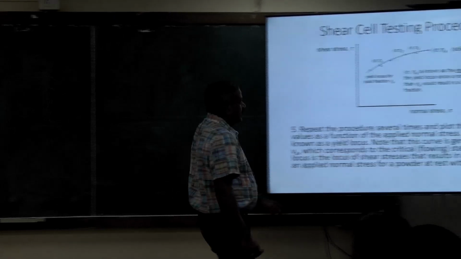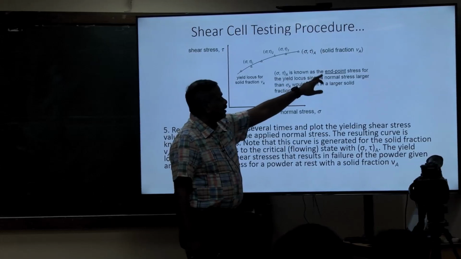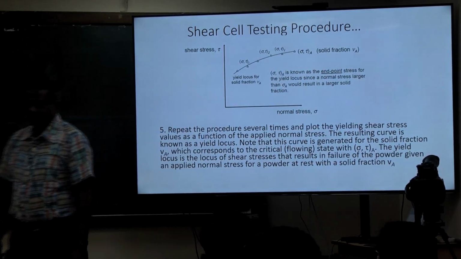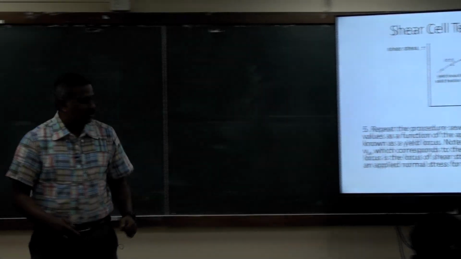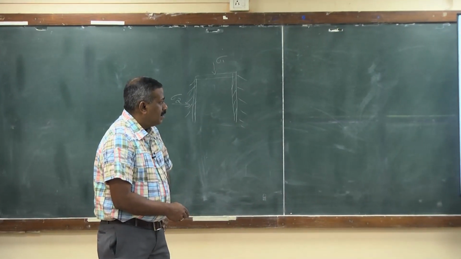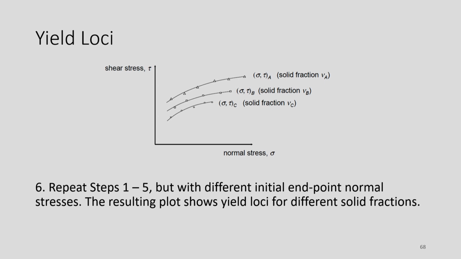Usually the final stress is called the endpoint stress, which we use to draw the major Mohr circle. You can prepare samples at different solid fractions and repeat those tests, but the material flow function or the yield loci relationship will be different for those different solid fractions.